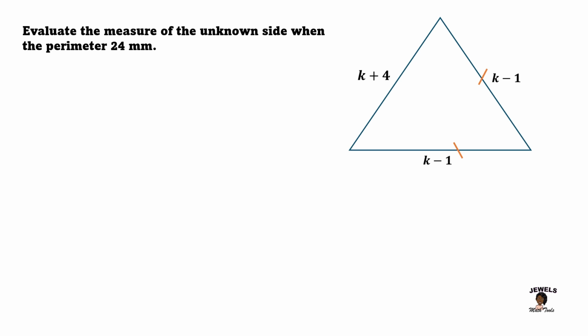So now let's calculate the measure of our unknown sides. So we said that our k is equal to 7.3. So now we're going to go through our steps for substitution, starting with my first side, 7.3 will be added to 4, which will equal 11.3 millimeters.